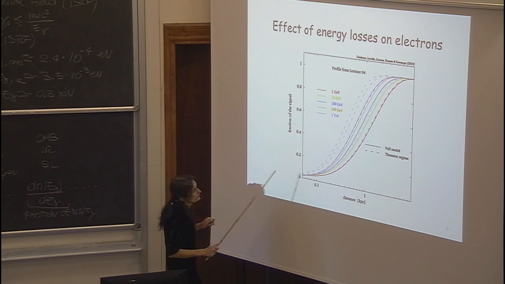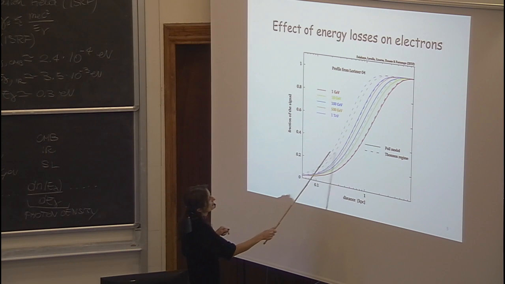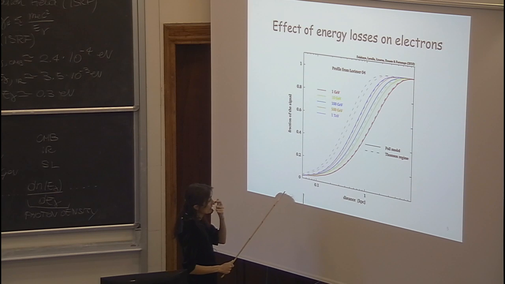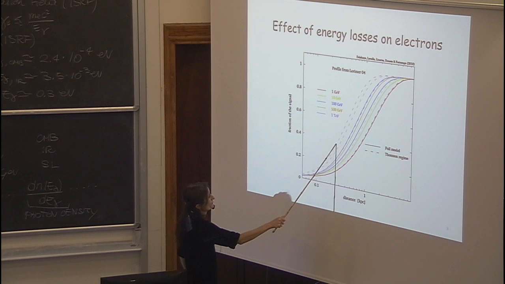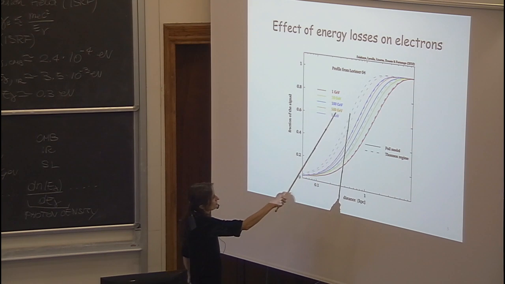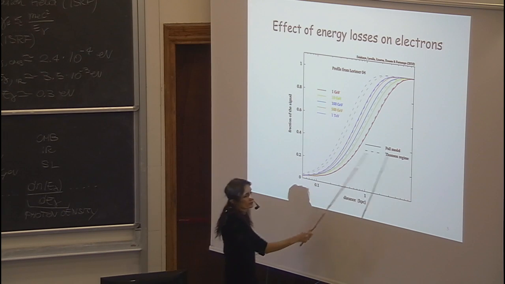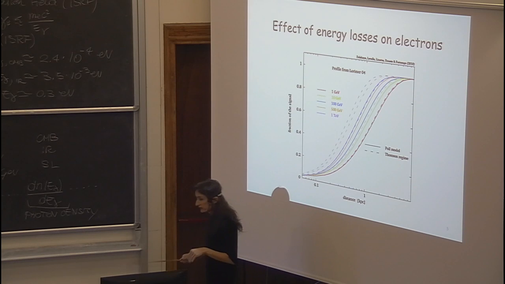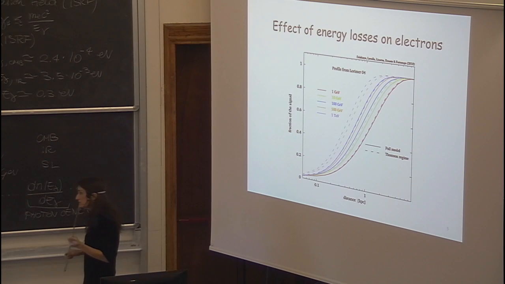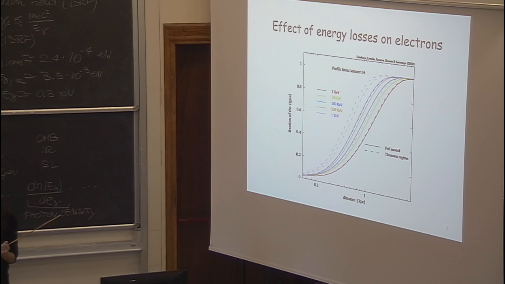Now, let me just say a few words about the dotted or dashed lines. The full model means that we have included the relativistic correction of the QED cross-section due to Klein-Nishina.